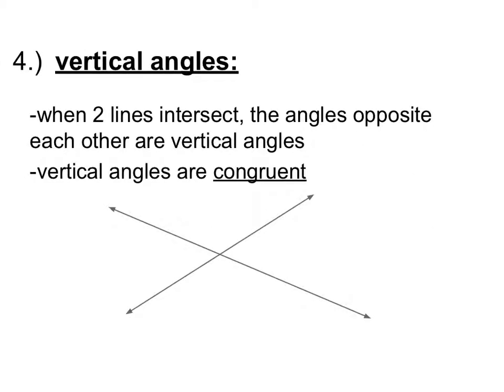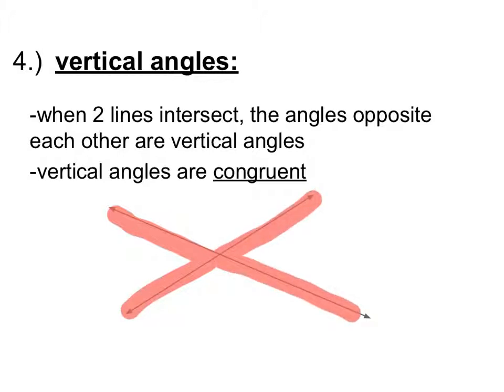And then the last kind is vertical angles. When you have two lines that intersect, the angles opposite each other are vertical angles. So for example, these angles are vertical angles. And vertical angles are congruent. So again, I'm going to just make up a value.